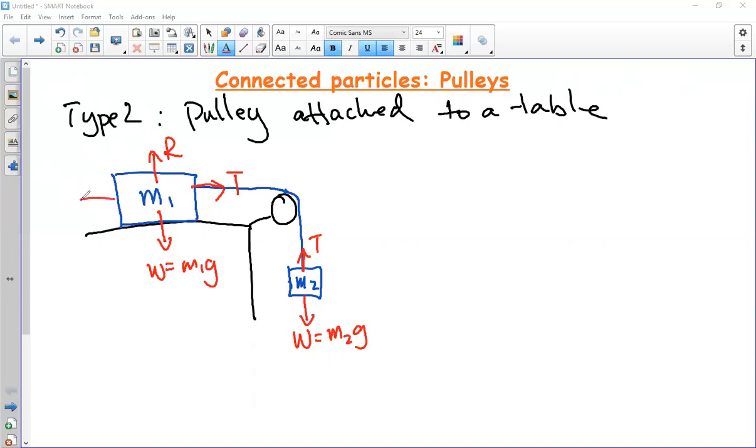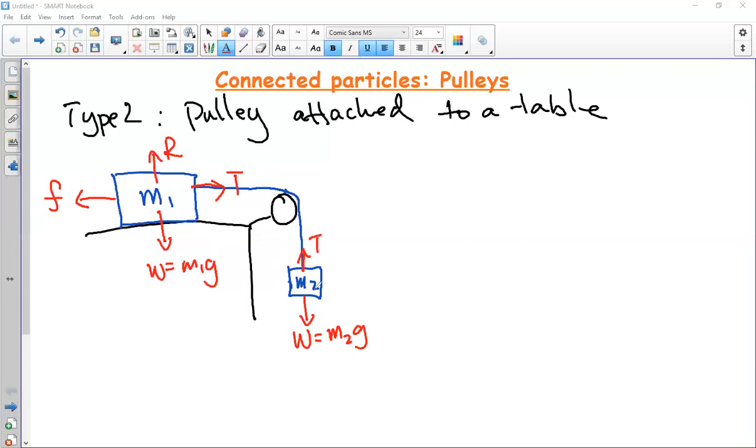But you do need to be careful that something will have to go in the opposite direction to T, the tension. That's normally the friction between the object and the surface, and we use a little f to represent friction. So what would be happening? Imagine at the very beginning, everything is being held still.